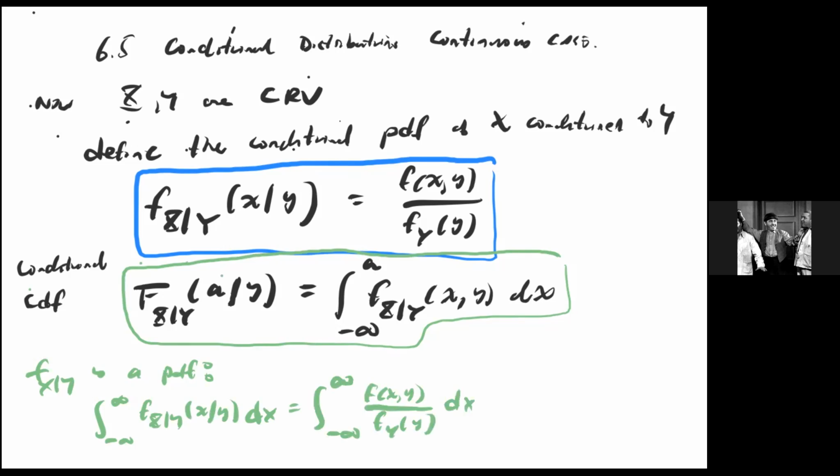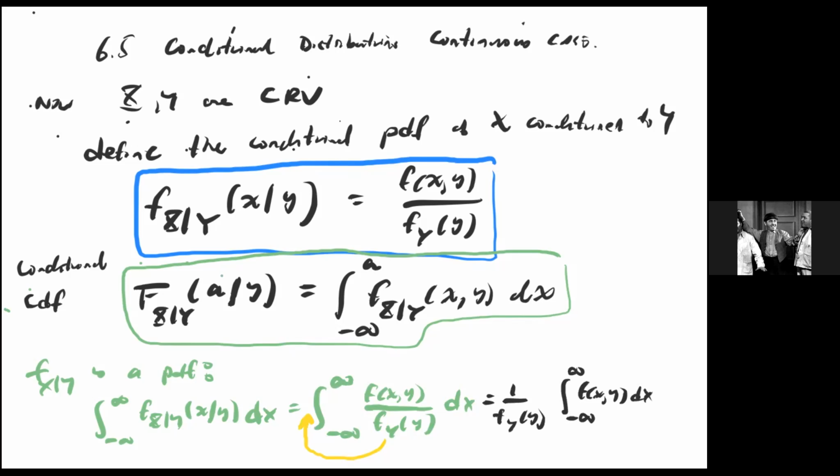And again, we can bring out of the integrand this function in the denominator because it has nothing to do with x. If you do that, you're going to be left with 1 over f sub y of y times the integral from minus infinity to infinity of f of x y dx.